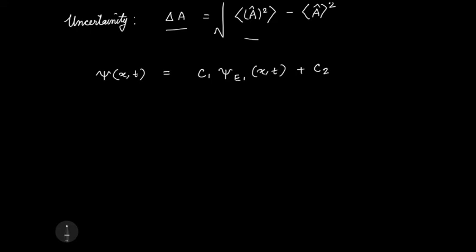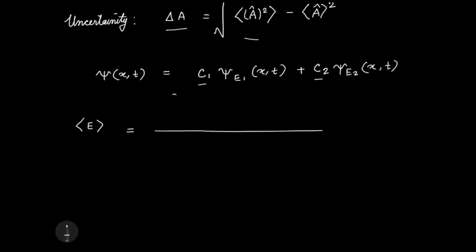There are only two energy eigenstates in which there are non-zero values of c's. There may be other energy eigenstates where it is zero. Somehow it is kept like this. Okay, so then what happens to the expectation value of energy? Let us ask that question. What is the expectation value of energy here?